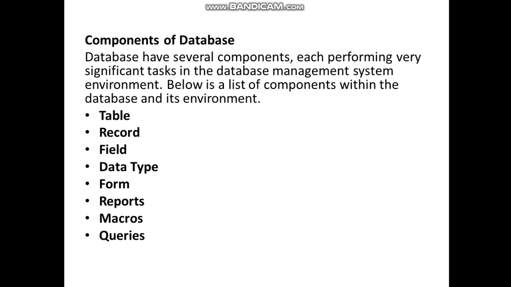Next, queries. A query is a question put to the database to view the records matching the criteria defined by you. Using a query, you can view or manipulate a selected set of the data stored in a single table or multiple related tables.